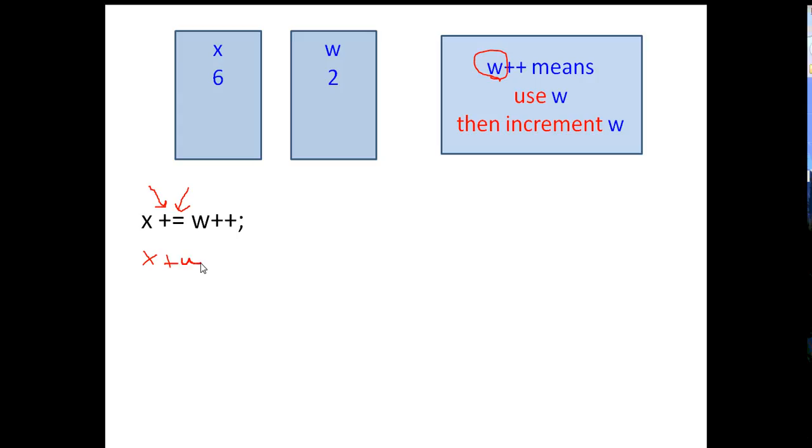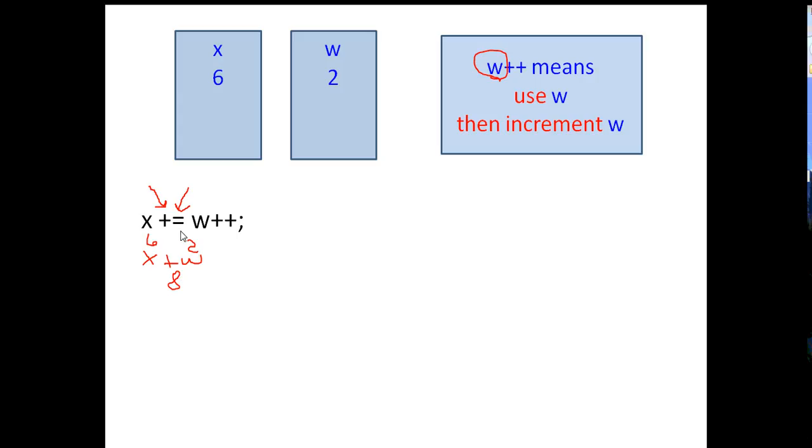Now, we're going to use the current value of w because w shows up before the increment operator. So we're going to use w as it is before it gets incremented. So in this case, x is 6, and plus w, which is 2, is 8.